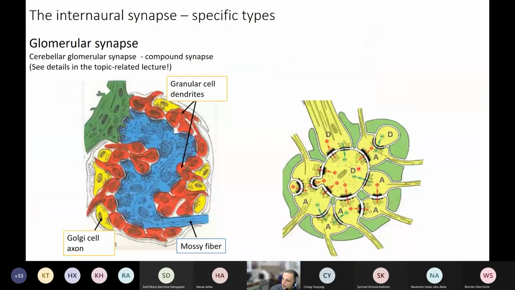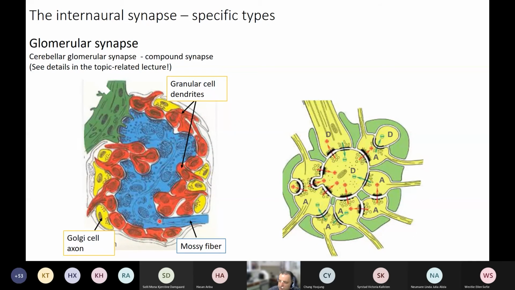All right, we have some rare synapses, and I don't want to go into details on this slide, but you will get this when you get the lectures about the cerebellum, because this so-called glomerular synapse is found, for instance, in the cerebellum. And here you will see that not only two, but multiple neuronal structures will meet in a compound synapse. This is the glomerular synapse. It has a glial cell-formed wall or capsule, kind of.